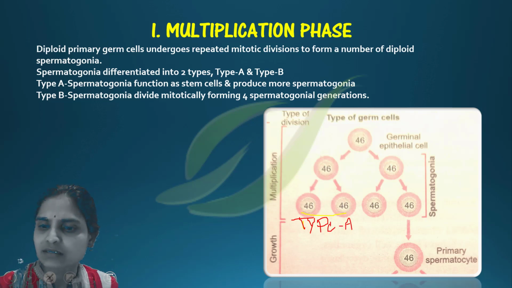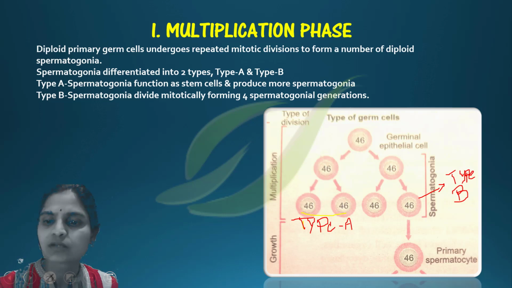And this, imagine the single one we are showing, is considered as type B spermatogonia. Imagine here three cells of type A spermatogonia.